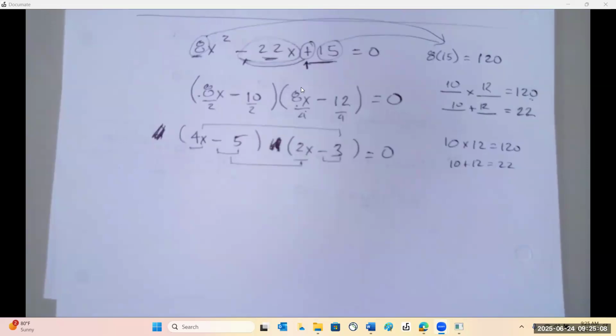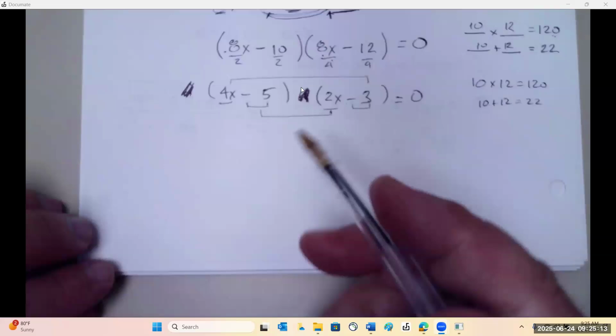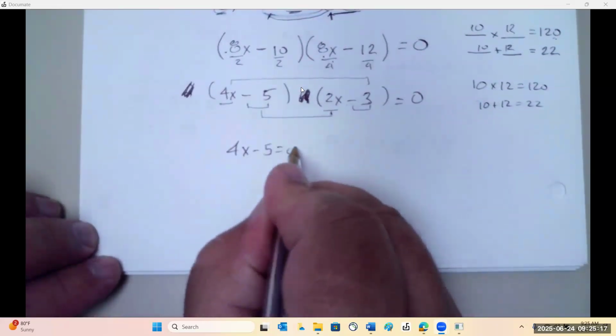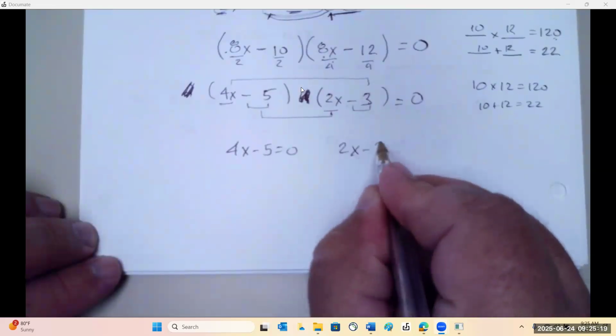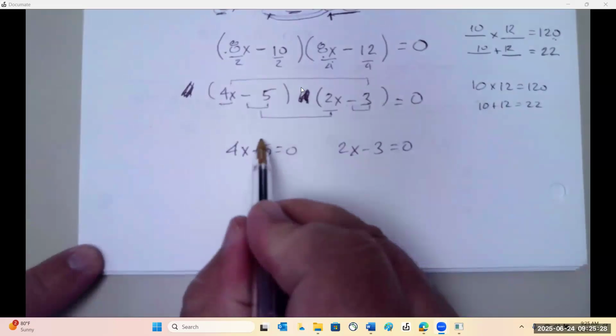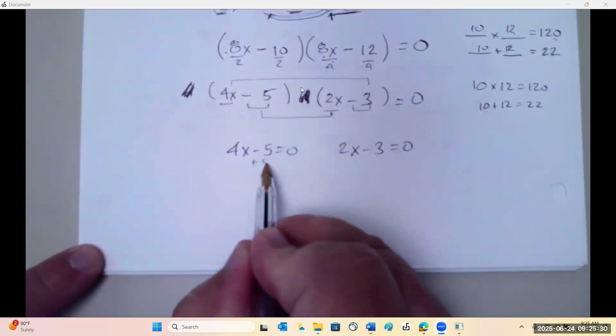Last step, the 5th step is what? Set them equal to 0. 4x minus 5 equals 0. 2x minus 3 equals 0. Move the constant over first, so we add 5 to both sides.